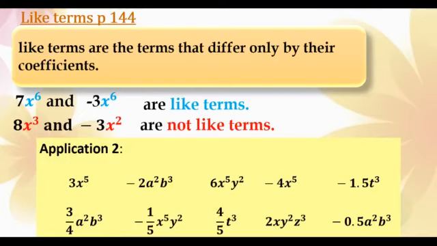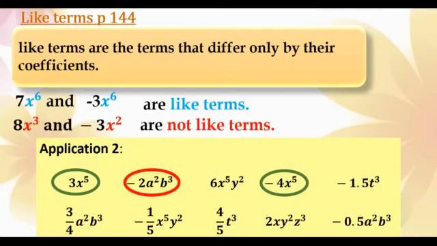Application 2, we have these terms. 3x to the power of 5 and minus 4x to the power of 5 are like terms because both of them have the same variable and exponent of the variable. They differ by only the coefficient, which is okay. We have also minus 2a squared b cubed and 3 over 4 a squared b cubed, and also minus 0.5 a squared b cubed.